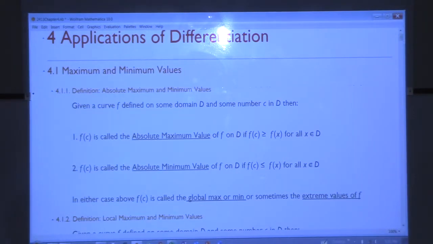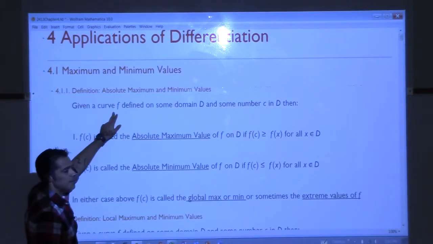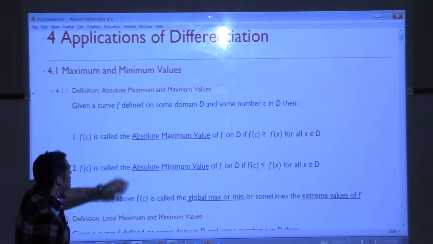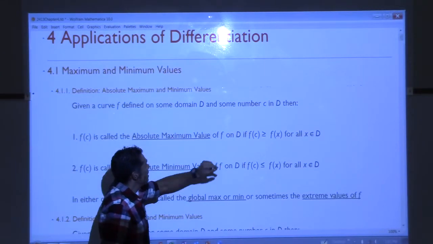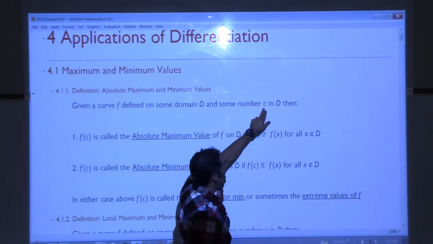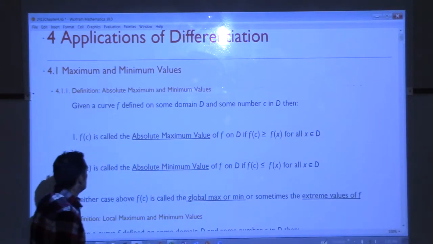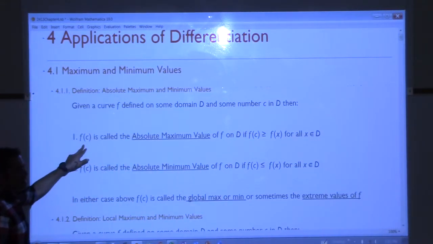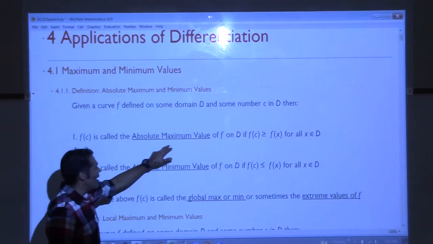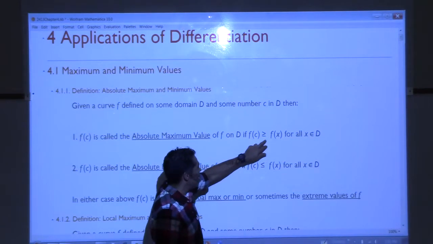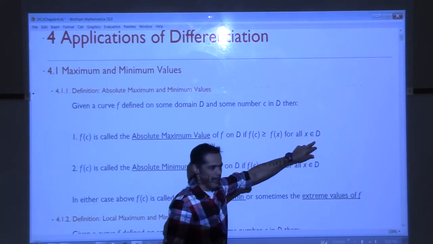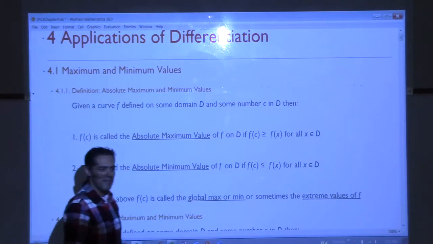So the first definition says, if we're given a function f, defined on some domain, which we're going to call capital D, and there's some number c inside that domain, then f of c, the function's value at that point, will be called the absolute maximum value of the function on D if f of c is greater than or equal to f of x for all x in D. That's just fun to read, isn't it?